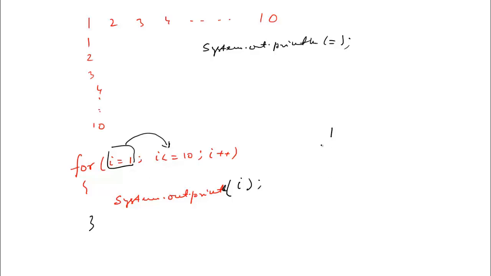Now it will print 1, and then it comes over here to I plus plus, it iterates by 1, and I becomes 2, and then it checks whether I is within 10 or not. It will run till 10. If it is 10 or less than 10, yes, then it will print 2, then it goes to 3, then 4, like this till 10, and then when I becomes 11, you see I less than or equal to 10 now becomes false, and when it becomes false, it will come out of the loop.